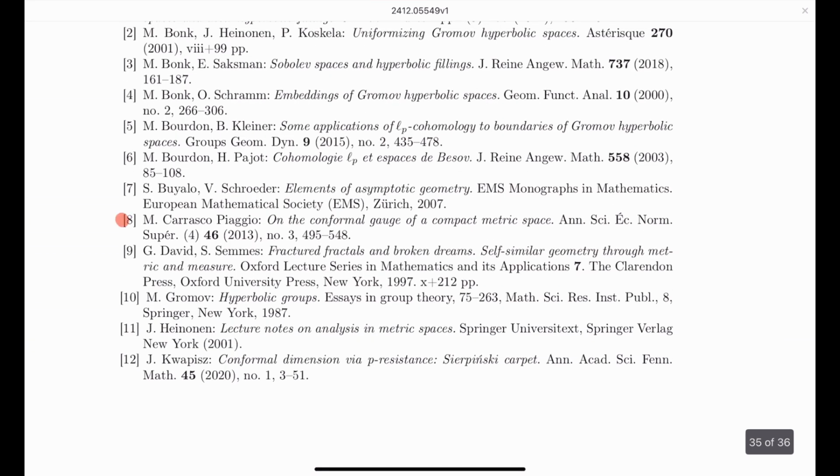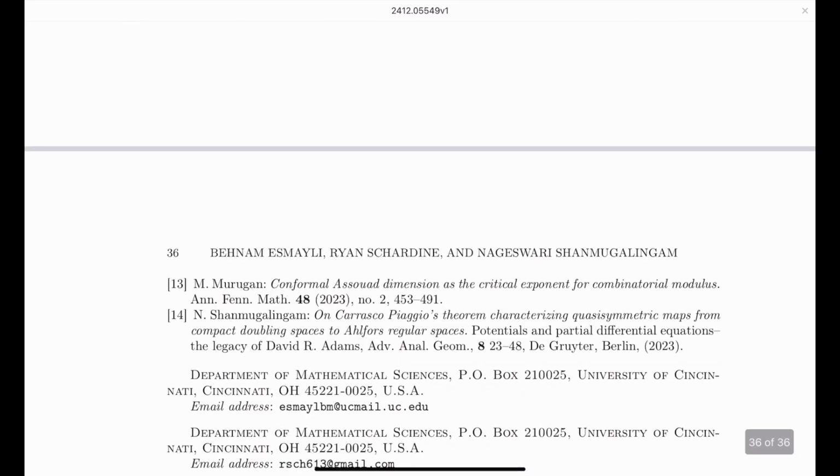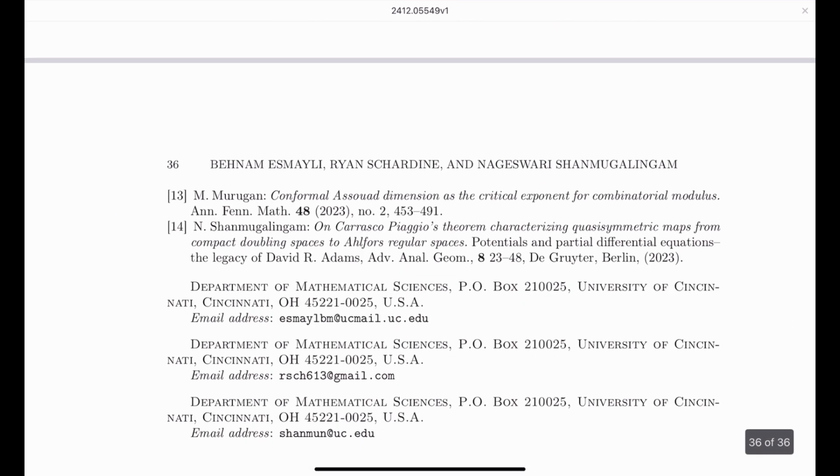So this is Carrasco Piaggio. Basically, this was his work on his PhD on the conformal gauge of a compact metric space, 2013. And the rewriting of that very theorem I showed you is here in Shanmugalingam's work on Carrasco's theorem characterizing quasi-symmetric maps from compact doubling spaces to Ahlfors regular spaces, 2023.